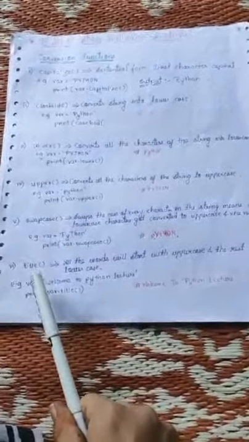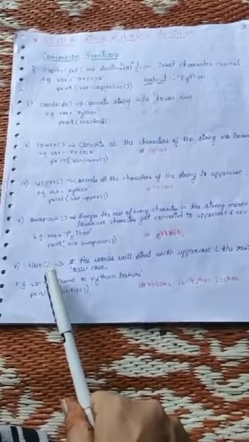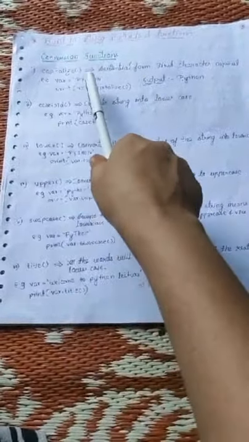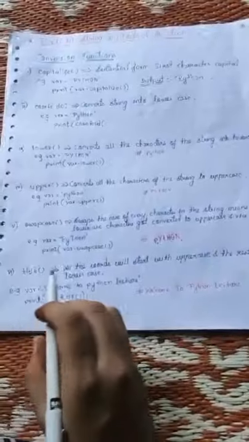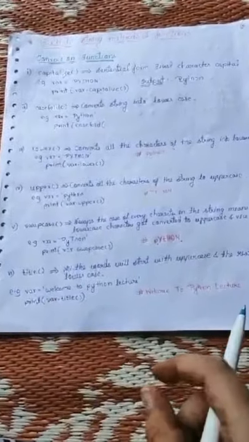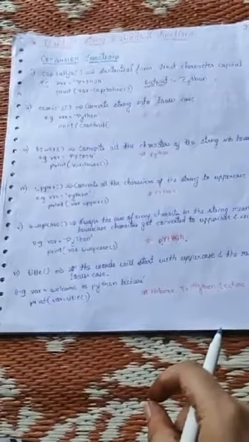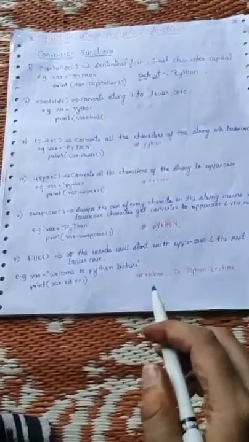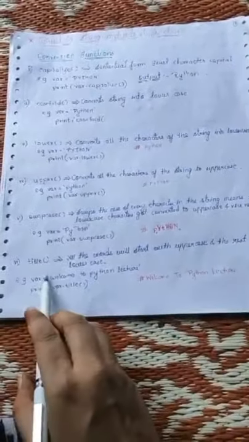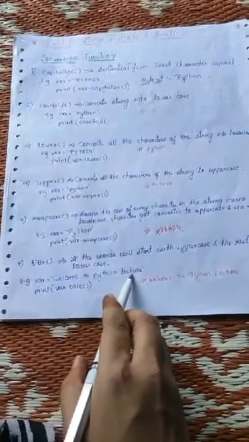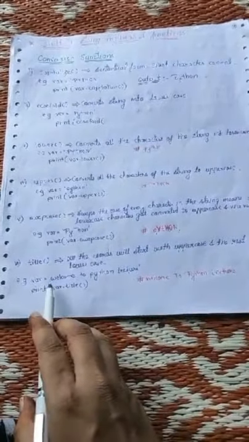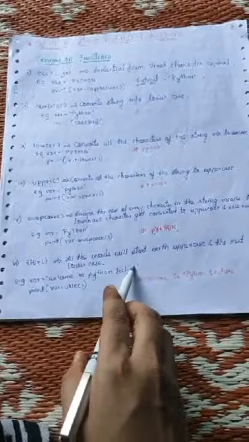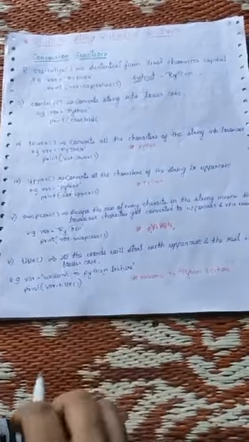Next is title. Title is going to work similar to capitalize. Here the words will start with uppercase and the rest of the characters will be in lowercase. Here I have declared a string welcome to Python lecture. As you can see, every character in this string is in lowercase.